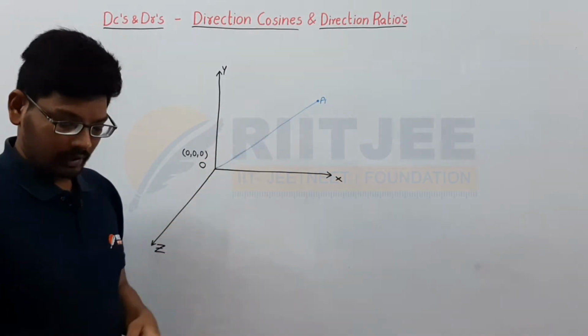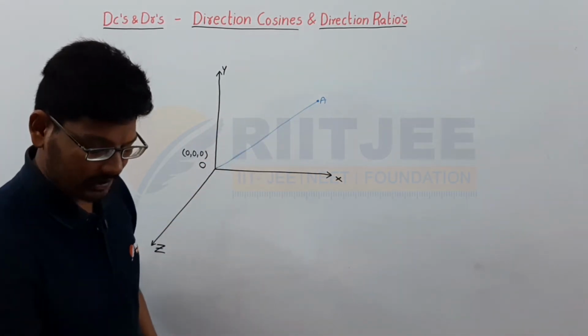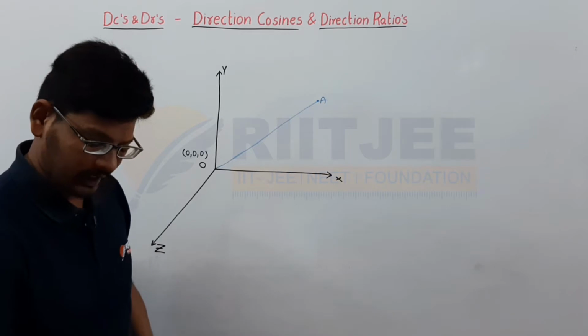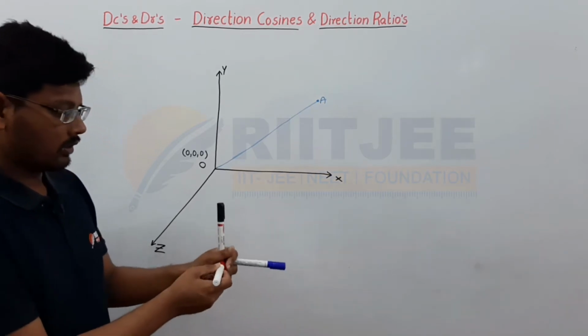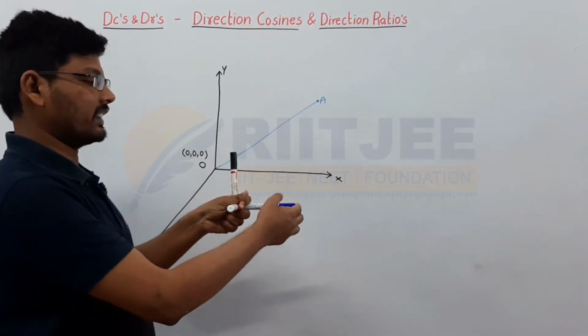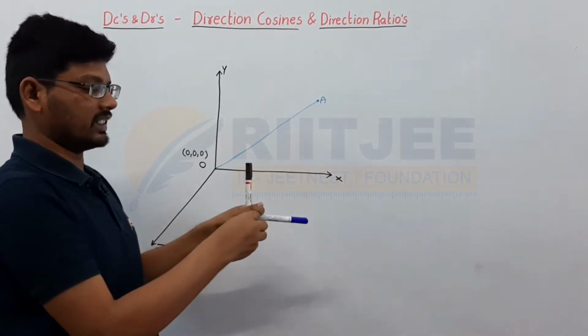When you take a 3D coordinate system, this is the X axis, this is the Y axis, and this is the Z axis.